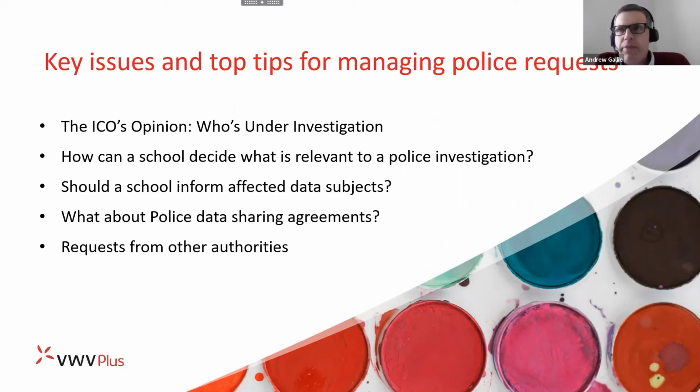So I just want to pick up on a few interesting points following these developments. A question I'm often asked is how can we as a school make a judgment about what is relevant to the police's investigation? Because a school might not have all the background information, and there could be circumstances that the police haven't shared. It is difficult. As a starting point, I would suggest you apply a common sense test.